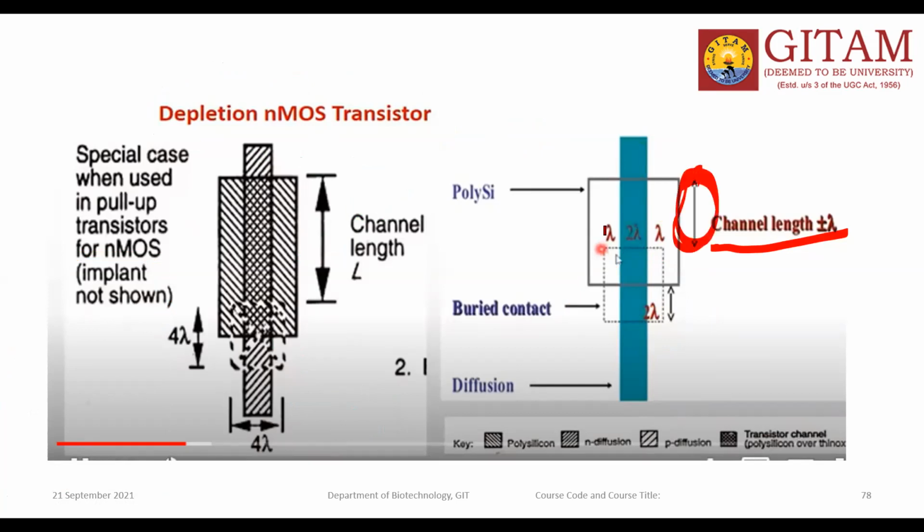If it is extended, then the channel length may change. So there is a tolerance on the channel length of plus or minus lambda. I hope you understand. Buried contacts are used in depletion MOSFETs to join gate and source. That is the answer.